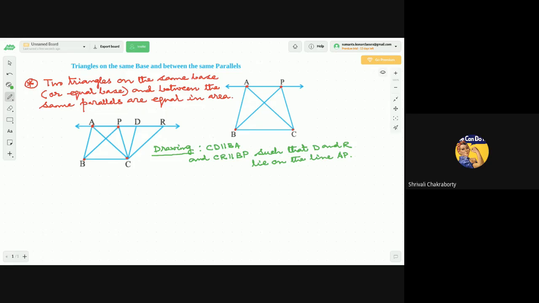Sir, are they equal? Yes, both are equal. Why are both equal? Because they are lying on the same base between the same parallels. Fantastic, absolutely. That is the right justification.